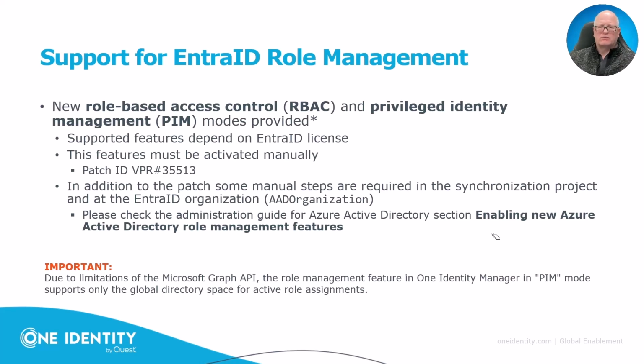That is not because the Identity Manager developers did a bad job implementing stuff. The problem here is the Microsoft Graph API, which does not support everything from that new feature. But be sure, with one of the next versions, we will improve that again, depending on what happens in the Graph API.